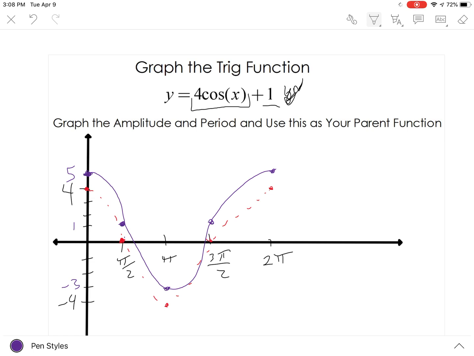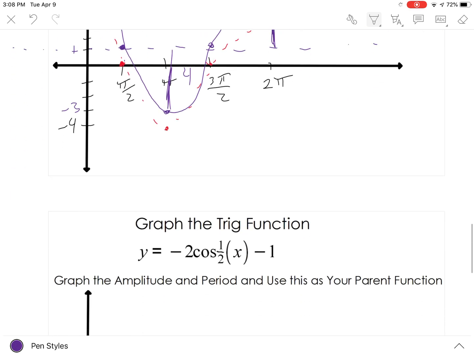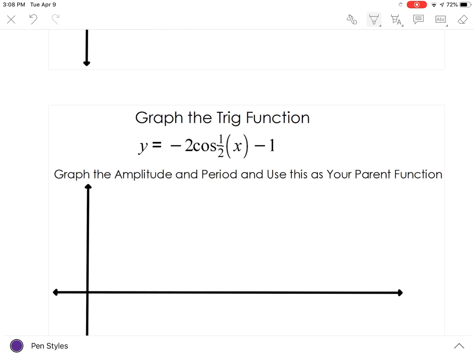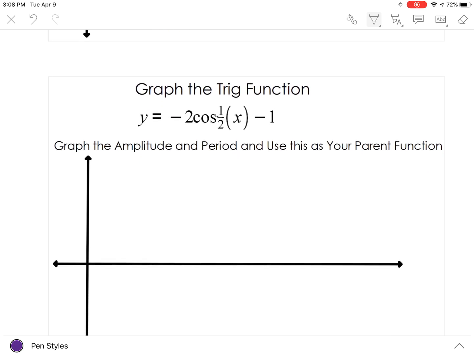Now that midline, the x-axis was the midline, it's going to get shifted up to 1. And all that's going to help me is this distance here should still be 4. This distance here should also be 4, because that's my amplitude. Yeah? Ooh, let's try that again. That's got quite a bit going on.